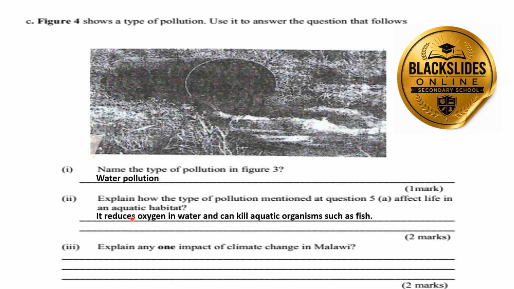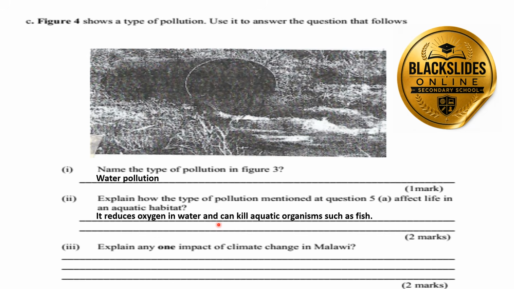But it can also form what is called a thick blanket, meaning that it can block sunlight from shining through to reach the plants which are growing below the water.